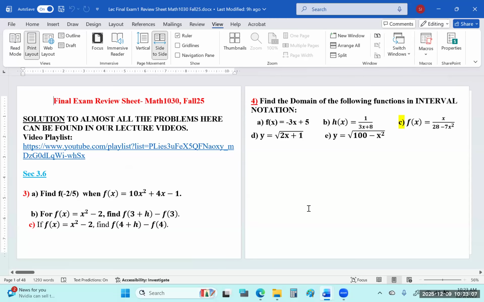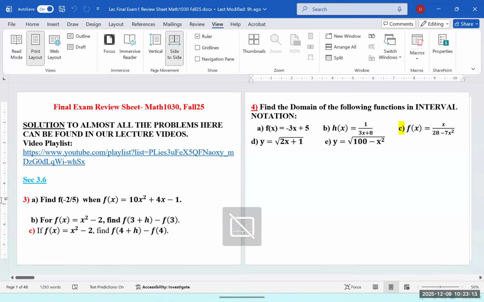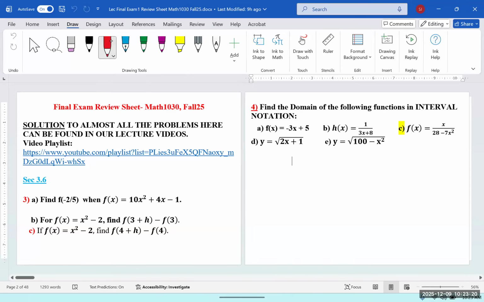So from here, I'm going to go over the domain questions. I need the domain, so let me see. We have y equals x over 28 minus 7x squared.